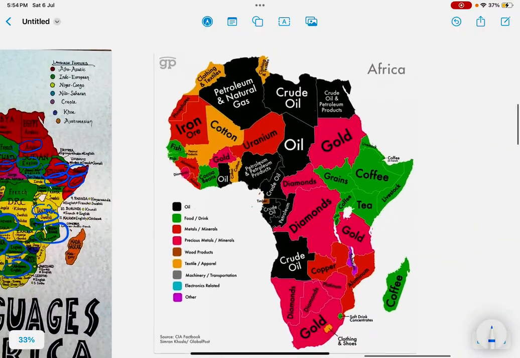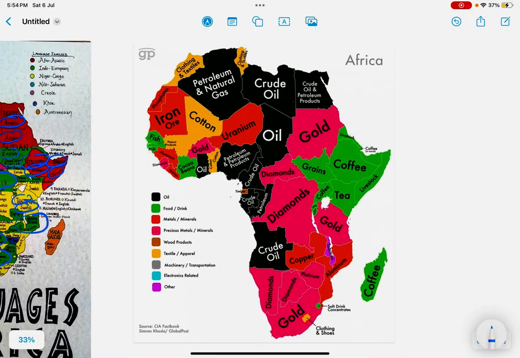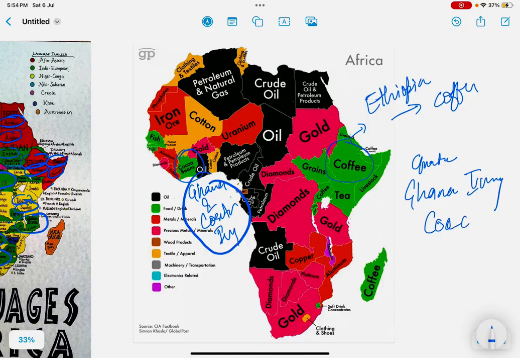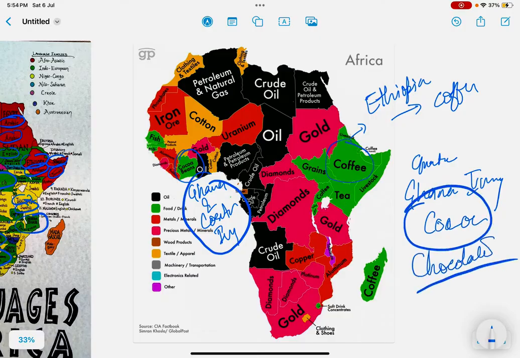Next map is of resources of Africa. As you can see, there are many resources in Africa. So in this region we have coffee, so you can say Ethiopia coffee. Here you can see Ghana and Ivory Coast for cocoa production, chocolate, right?